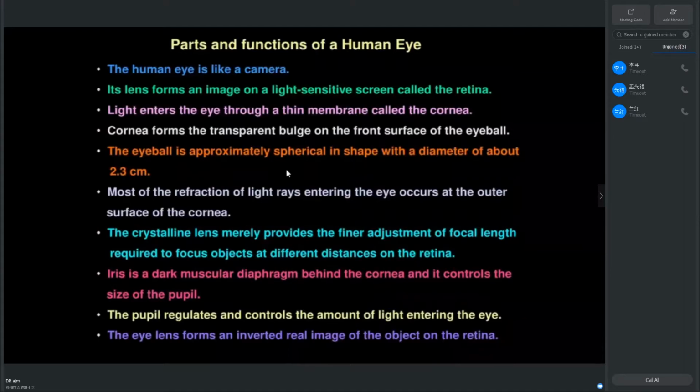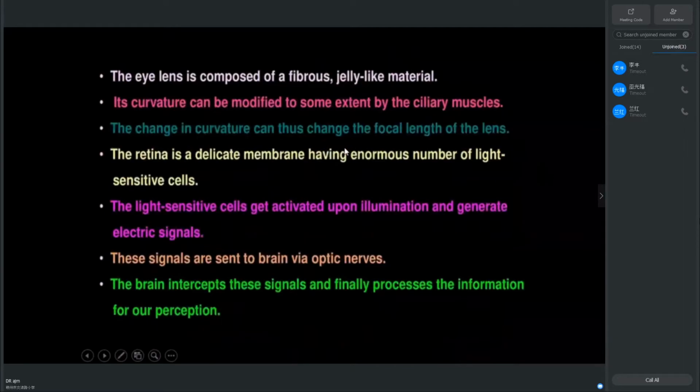An important part of our eye is the eye lens, which forms an inverted real image of the object on the retina. This is very important and nice. It means that in our eye system the inverted image is translated for our brain, which flips it again, and then you see.